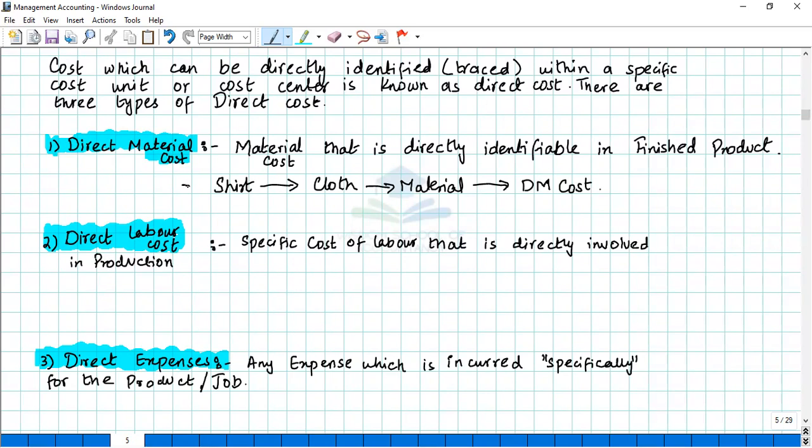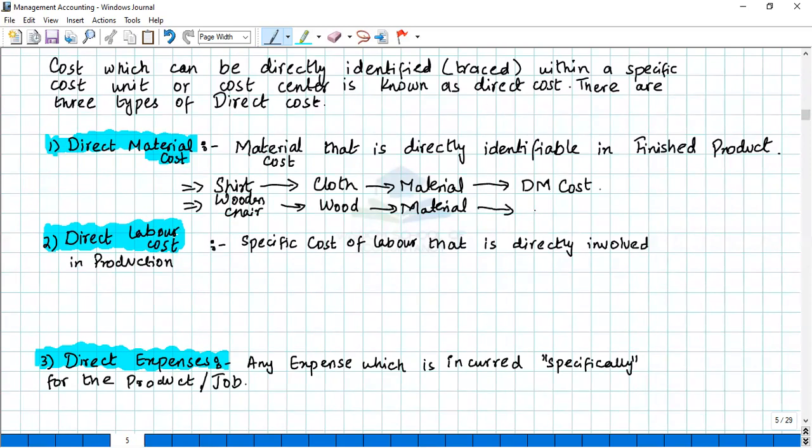Another example that I can give is, let's say, a wooden chair. There's a wooden chair in your house. Now, what is this chair made up of? It is made up of wood, right? Now, wood is a material, and because you can directly identify, by seeing the chair, that this is made up of wood, this material is directly identifiable.